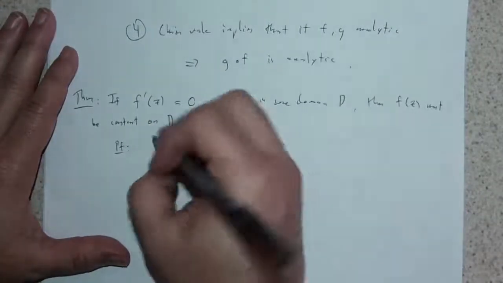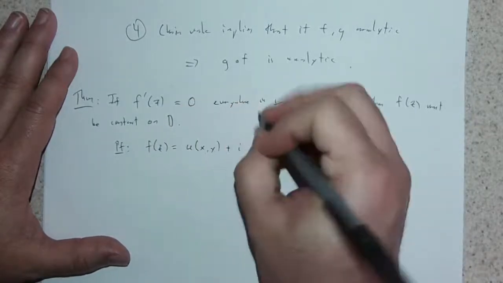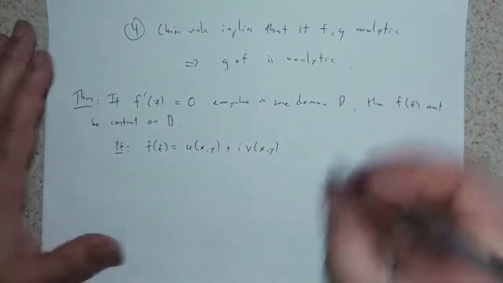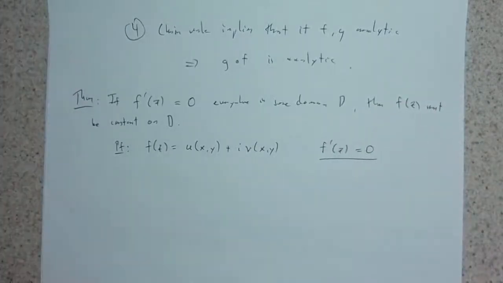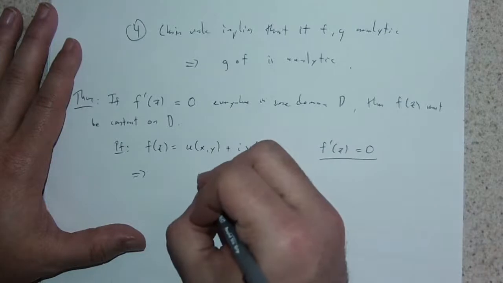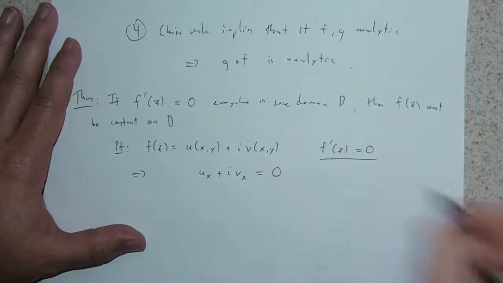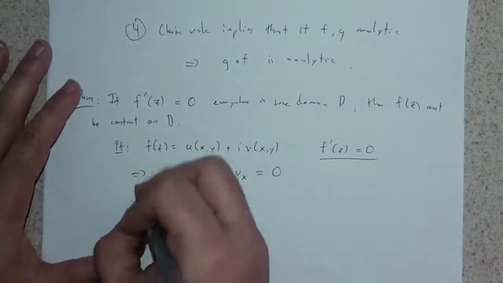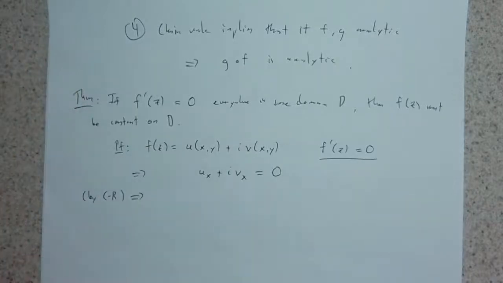But first of all, I'll say if we write f of z in the usual way as u plus iv, then if f prime of z is equal to 0, what does that mean? Well, first of all, this would mean that the x partial of u plus i times the x partial of v is equal to 0 everywhere on D, right? By Cauchy-Riemann, what does this mean?